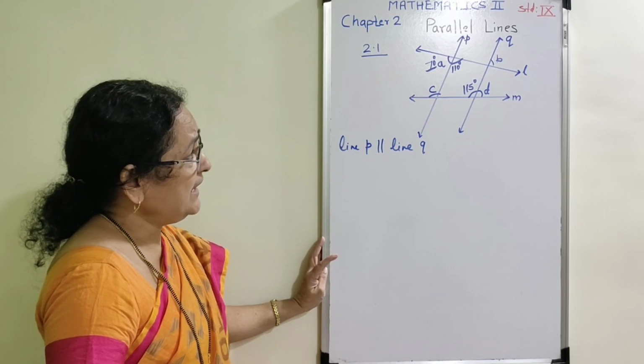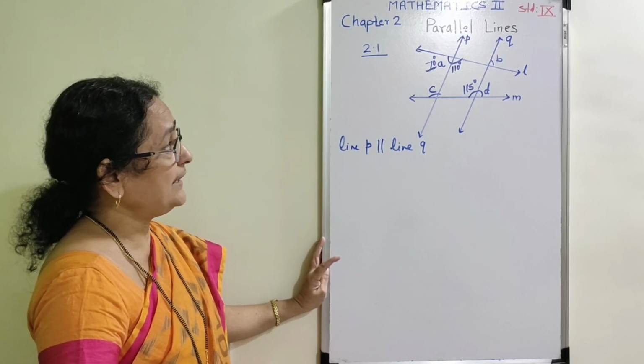Now if angle A is given, then how are you going to find out angle C?